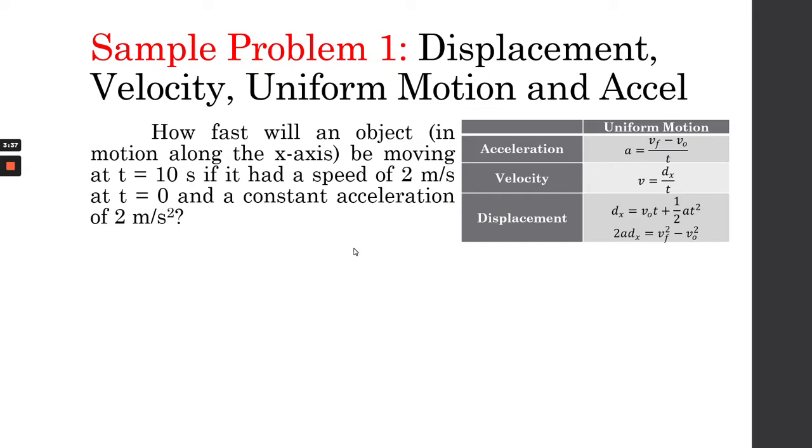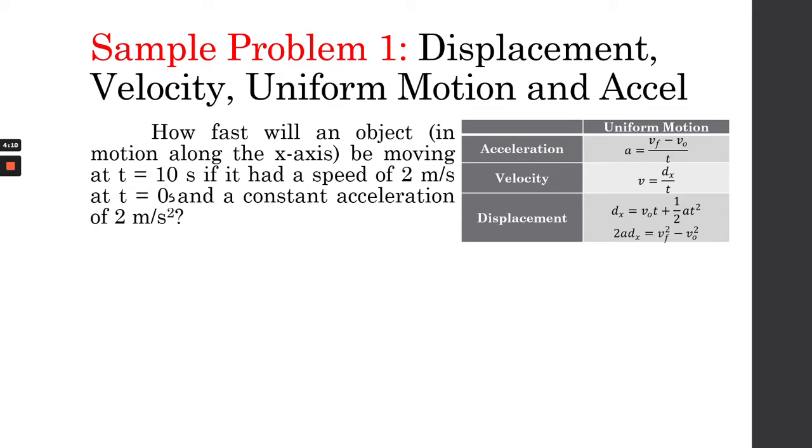Okay, so sample problem 1 reads: how fast will an object in motion along the x-axis be moving at t equals 10 seconds if it had a speed of 2 meters per second at t equals 0 seconds, and a constant acceleration of 2 meters per second squared.